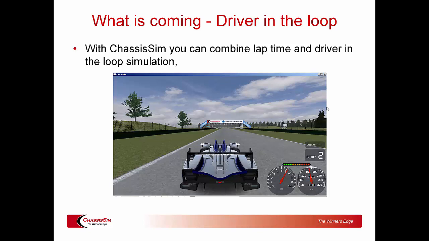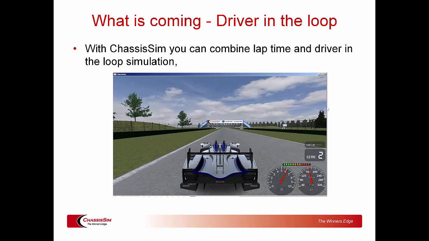In terms of illustrating what is coming down the road, ladies and gentlemen: driver in the loop. Now, the great thing about ChassisSim is, because it's a transient multi-body dynamic vehicle model, what you do in terms of the lap time simulation, track replay, and shaker rig, all you've got to do is hit the go baby go button and use exactly the same vehicle model that you used for all those previous simulation tools, and simply carry it over to driver in the loop.